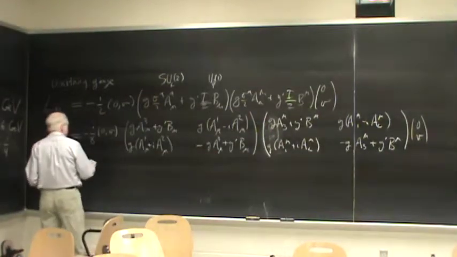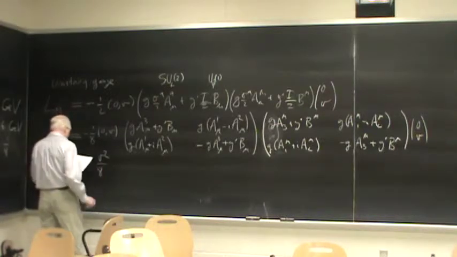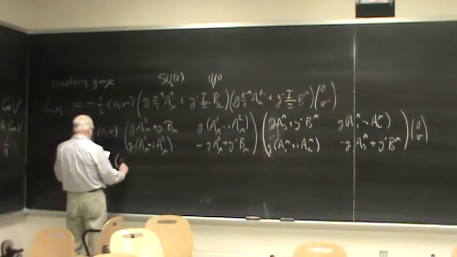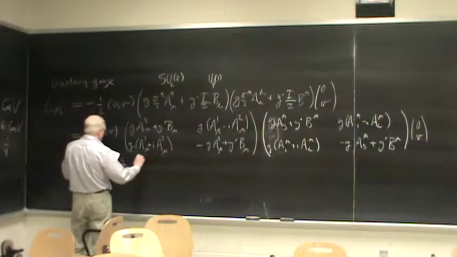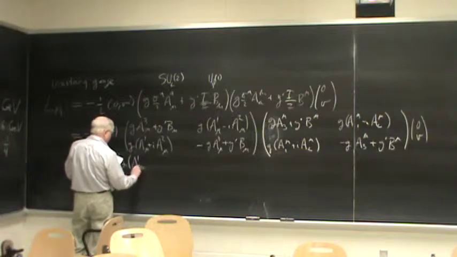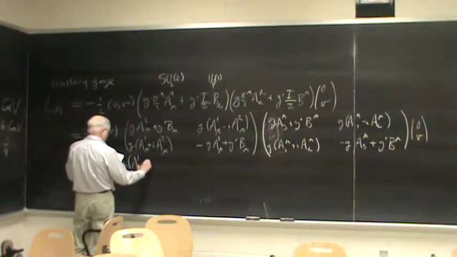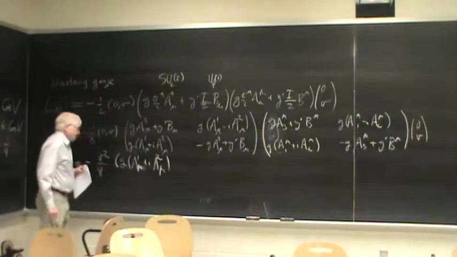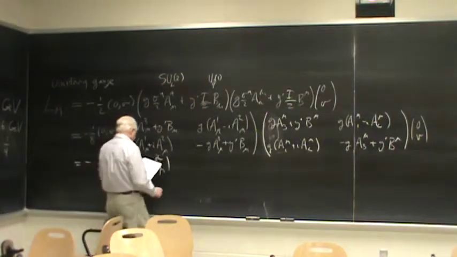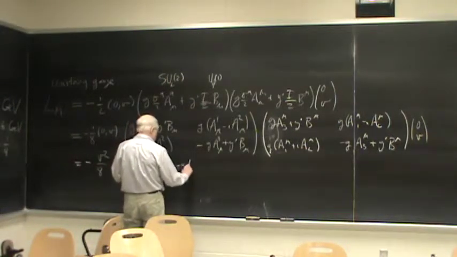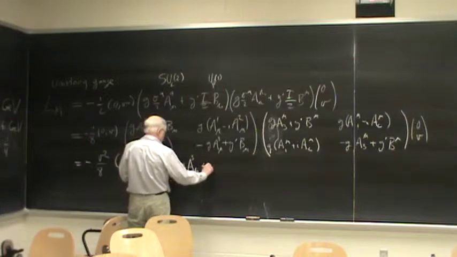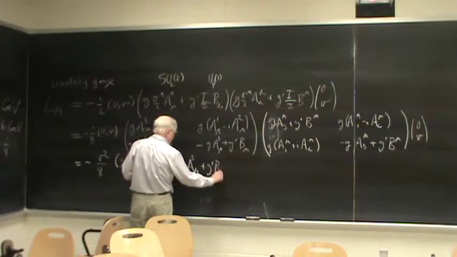And so this is equal to minus v squared over 8 times this inner product, and let me write it as, I'll first write this row: A1 mu plus i A2 mu, minus g A3 mu plus g prime B mu.